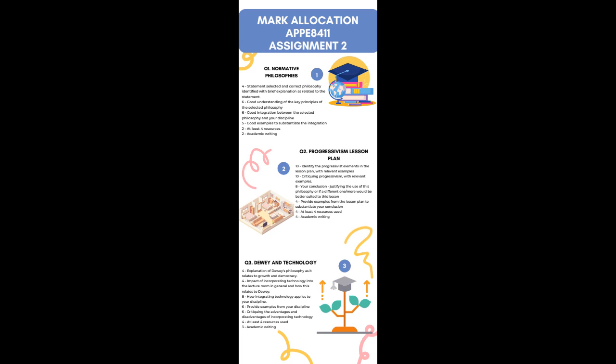Maybe for you, there were more things that didn't work in the lesson plan. So I would rather go with a realist approach or an essentialist approach or whatever the case may be, social constructivism, whatever. And these are the reasons, and these are the parts in the lesson plan that I think would be much better from a social constructivism point of view or from an essentialist point of view. Right. Does that make sense? Kind of for question 2.